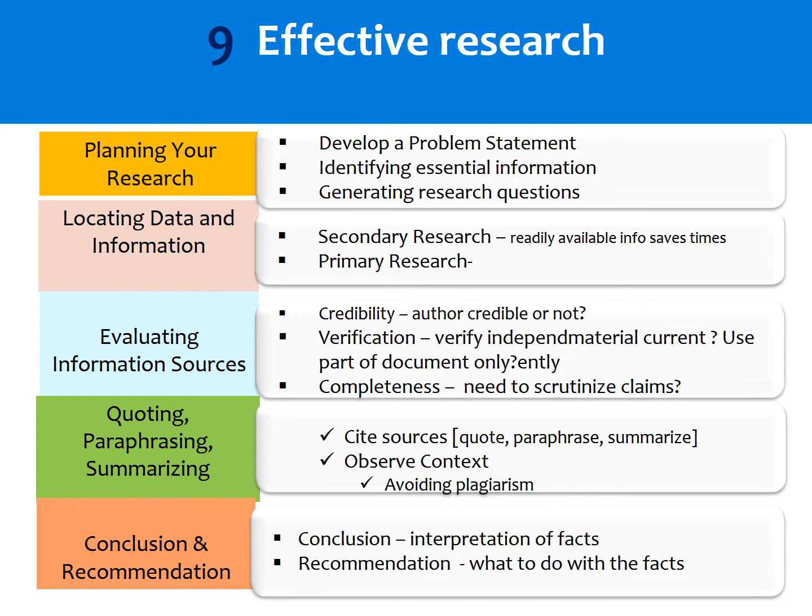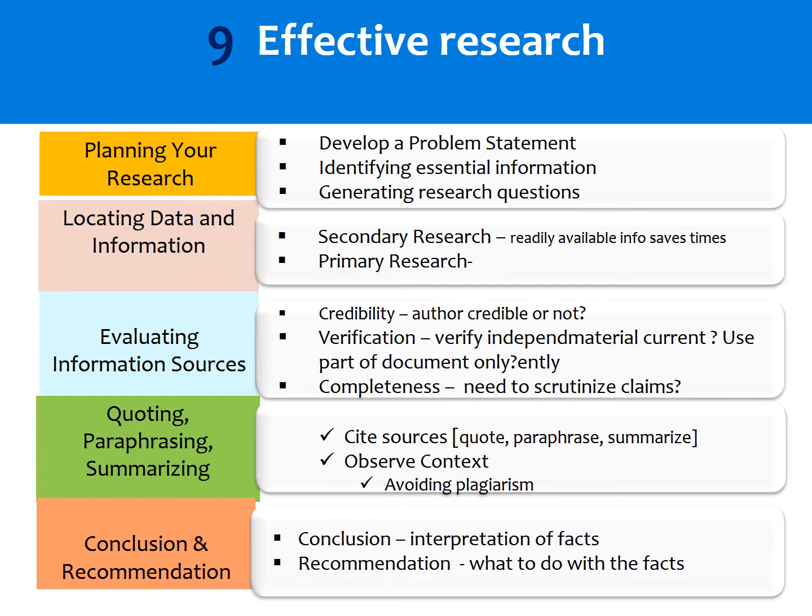And we also want to find out whether, with this piece of journal or article, let's say, we want to use the whole of the journal or just some part of the journal only. So we need to be able to verify this because it has to do with the credibility of the information.